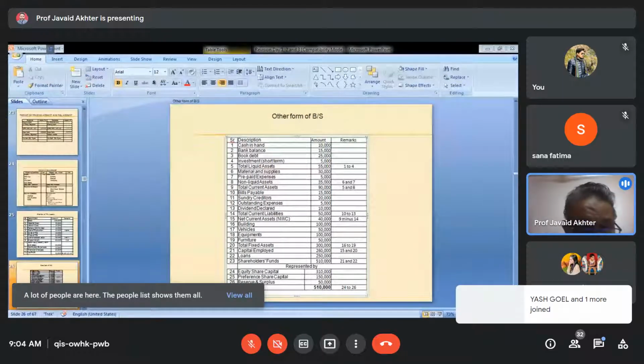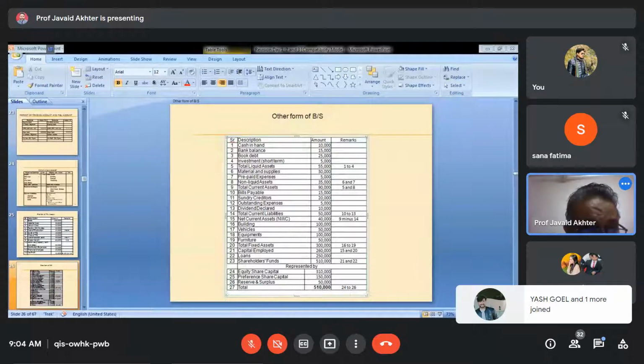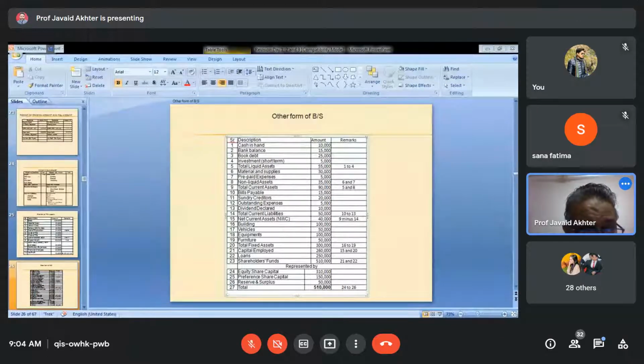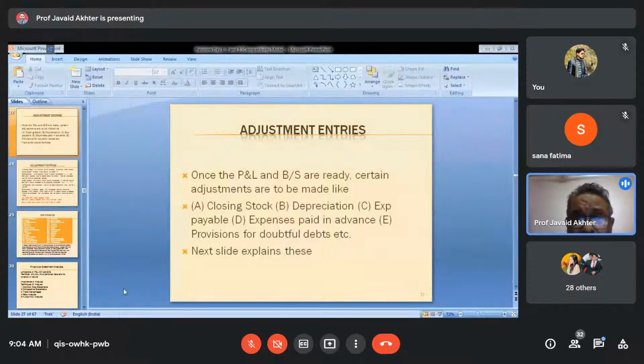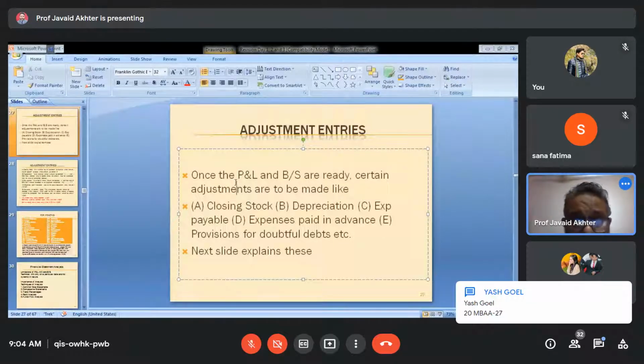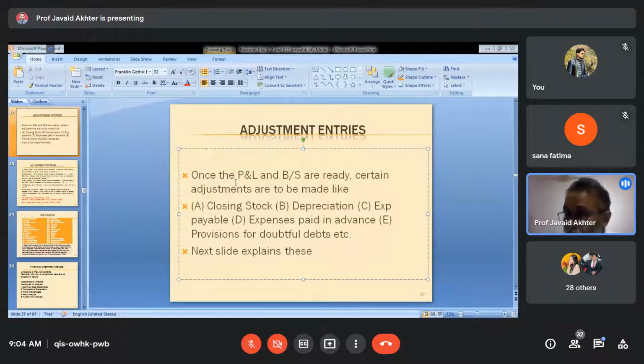All right. So this is how the balance sheet could be shown in different ways. Once the profit and loss account and balance sheet are ready, it is a draft only because some adjustments are required in the accounts after we have prepared the draft.